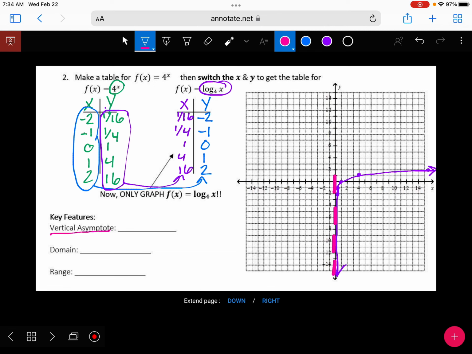There we go. Our asymptote, we're going to put it as x equals 0. Just like on exponentials, our horizontal asymptote was y equals 0. On the parent functions, it's going to be x equals.